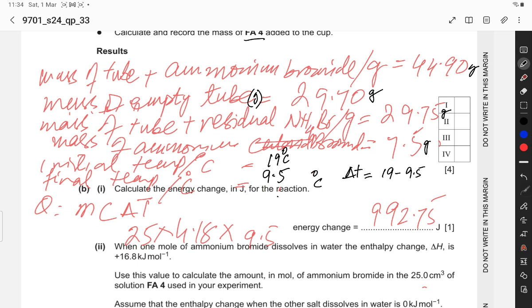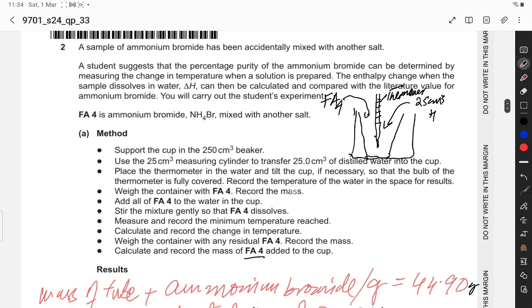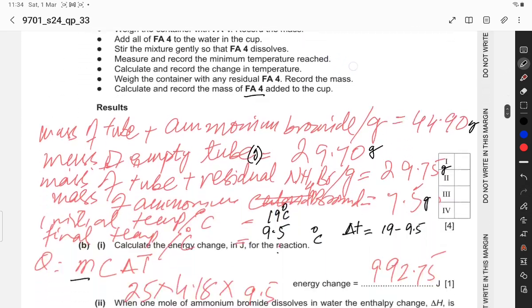So the specific heat capacity is 4.18. This is constant for water. m is the mass, 25 cm³, the volume of the water.